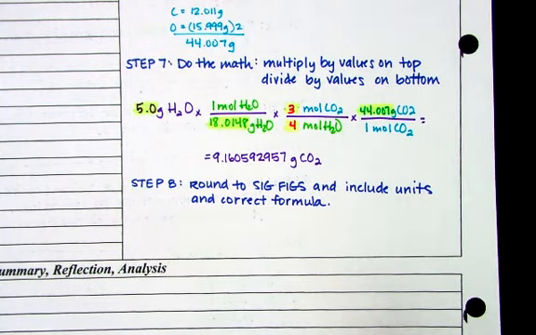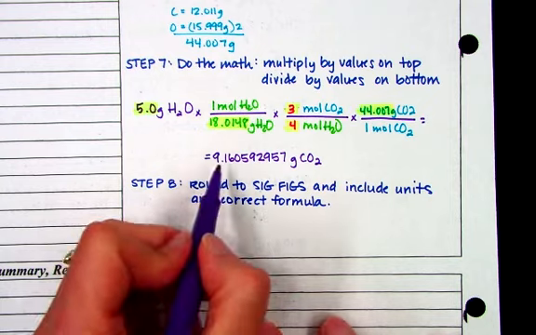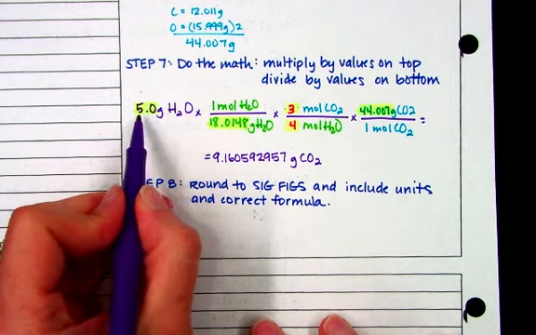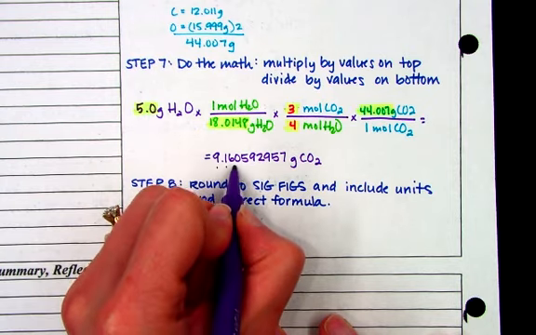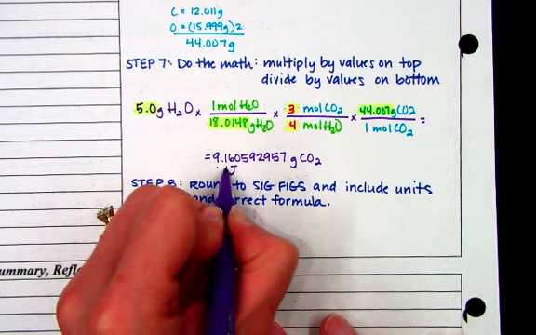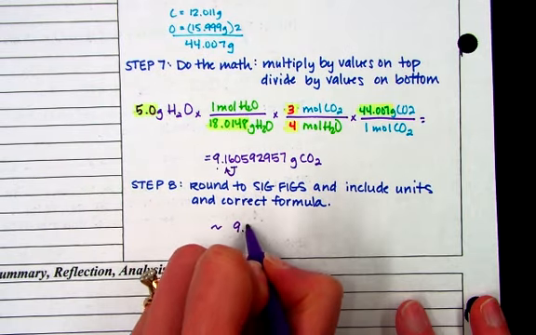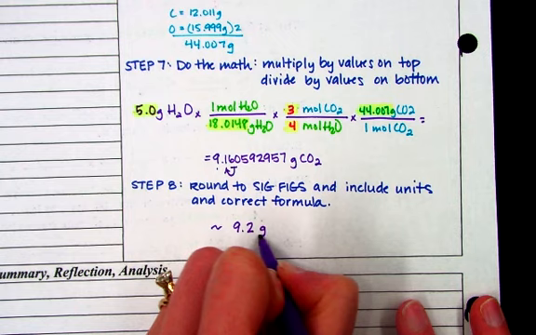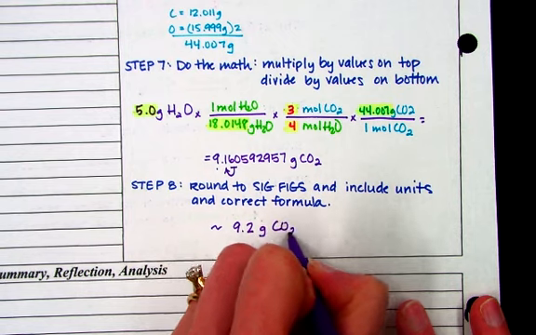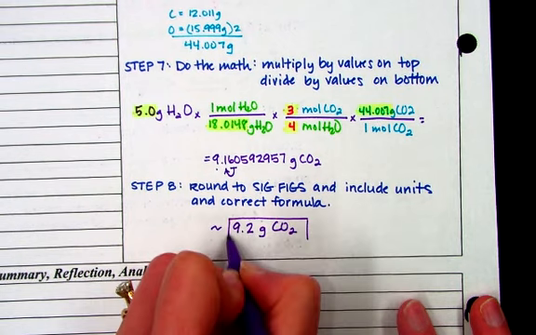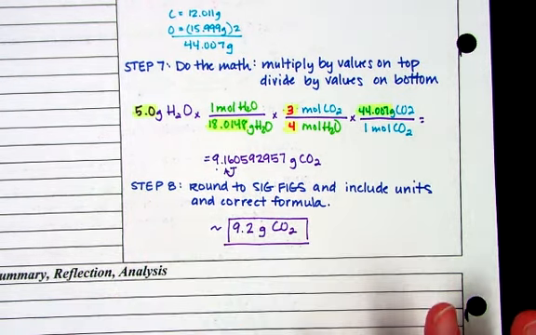If I were to round this, how many sig figs? 2 up here. So 1, 2, the 6 becomes, yes, this ends up being 9.2 grams of CO2.